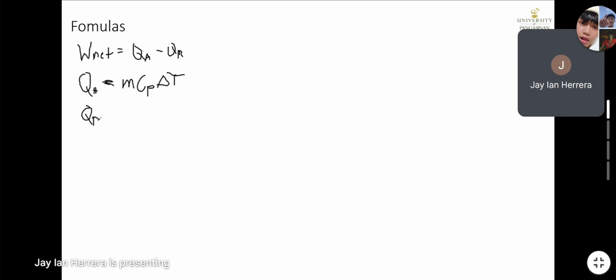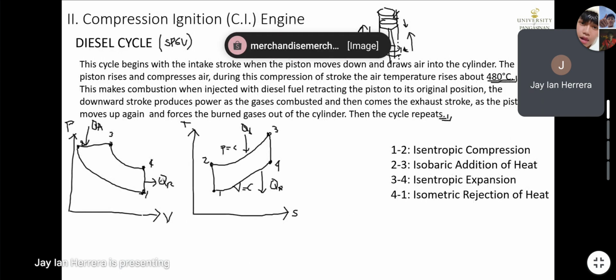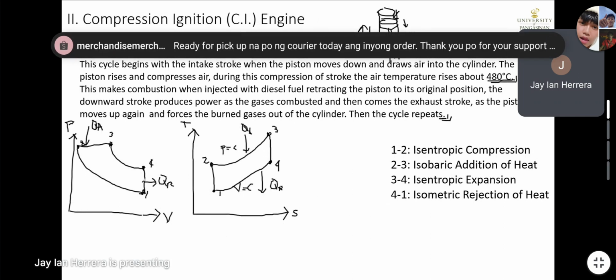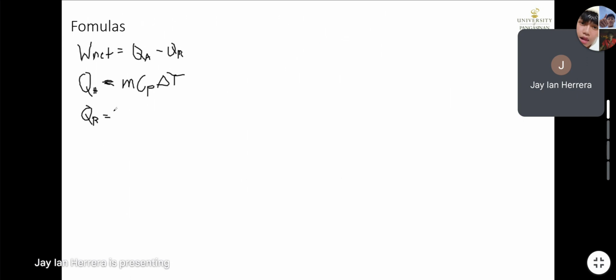Okay. Next, our QR. QR natin, the heat rejected, is the isometric process 4 to 1. So this would be MCV, constant volume specific heat, delta T. Ayan.